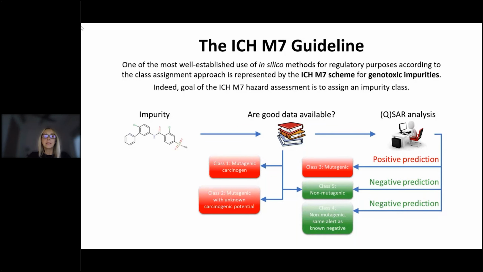And the hazard assessment process of the ICH M7 is based on the assignment of any impurity to a given class with associated limit. The hazard assessment workflow that is implemented in the guideline is described in the slide that you can see now on my screen, so in the picture that is presented here.